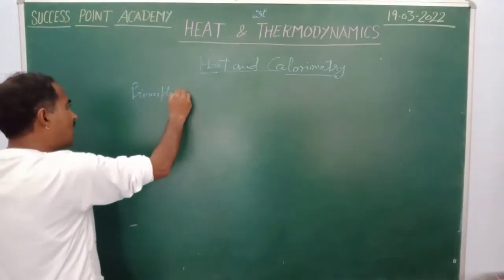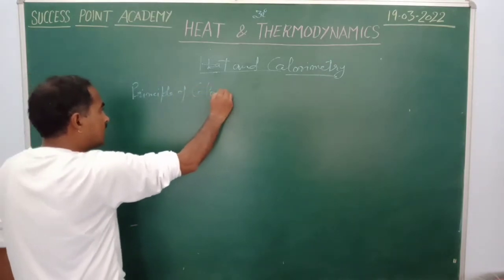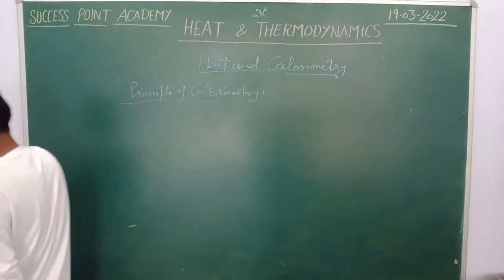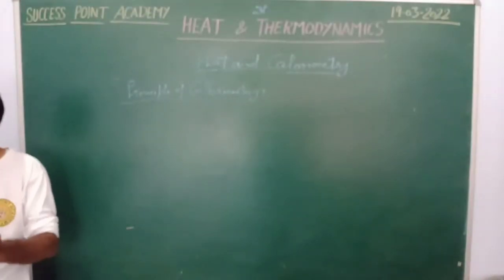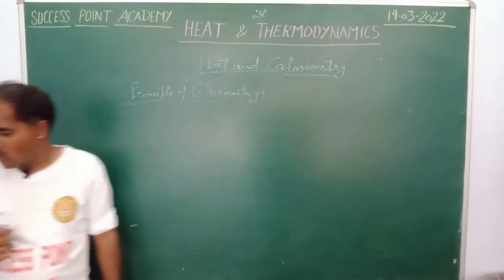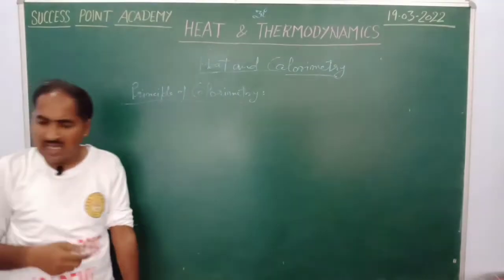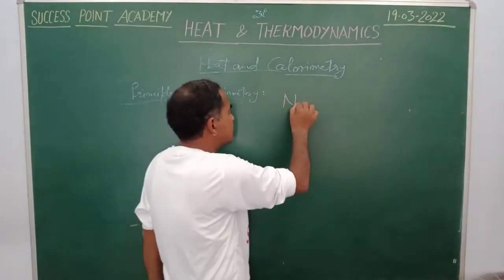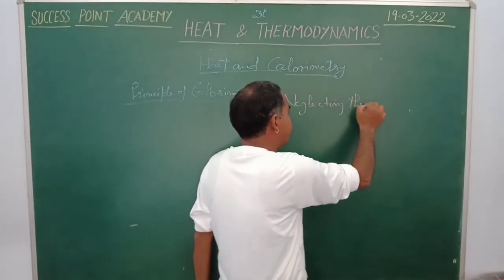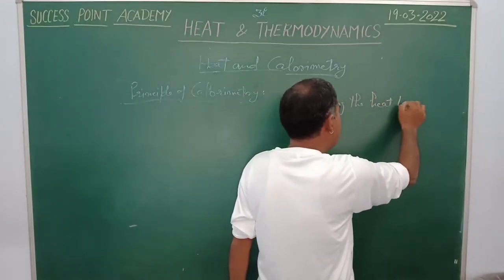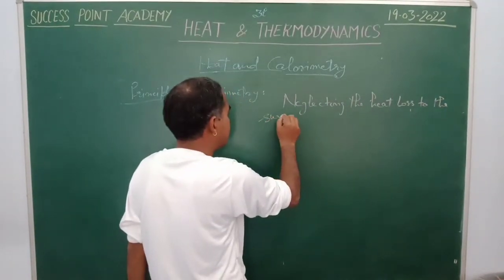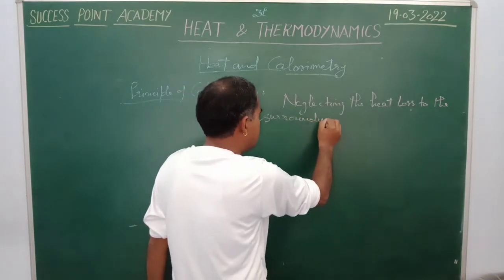Okay, so now we have the principle of calorimetry. What it states, try to understand that. It states, neglecting the heat loss to the surroundings.